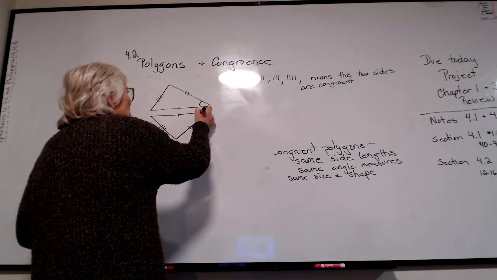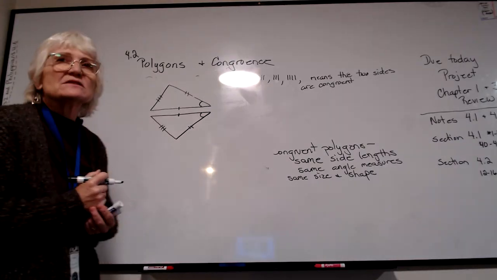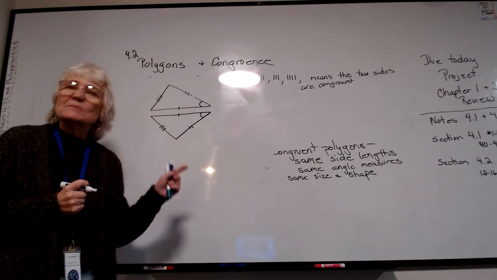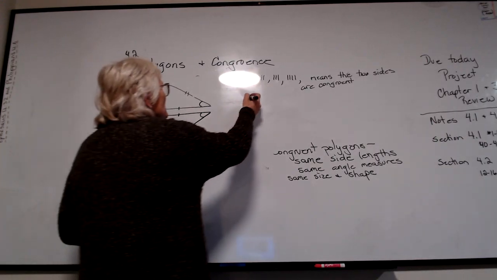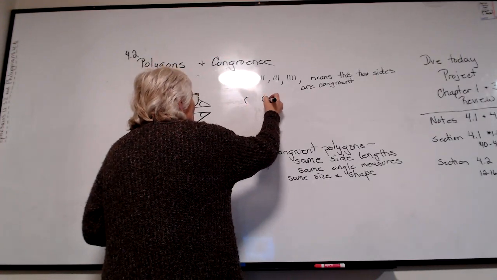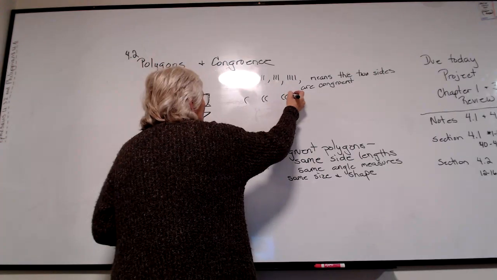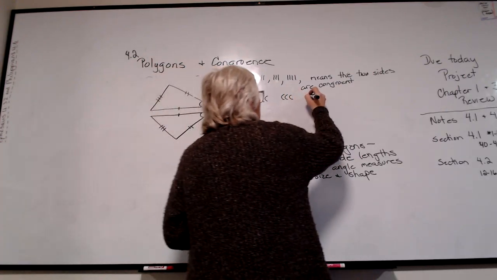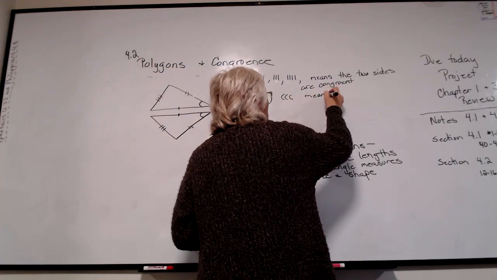One single little curved line means they're congruent. So if they have the same number of curved lines, so a curved line, 2 curved lines, or 3 curved lines, that means the angles are congruent.